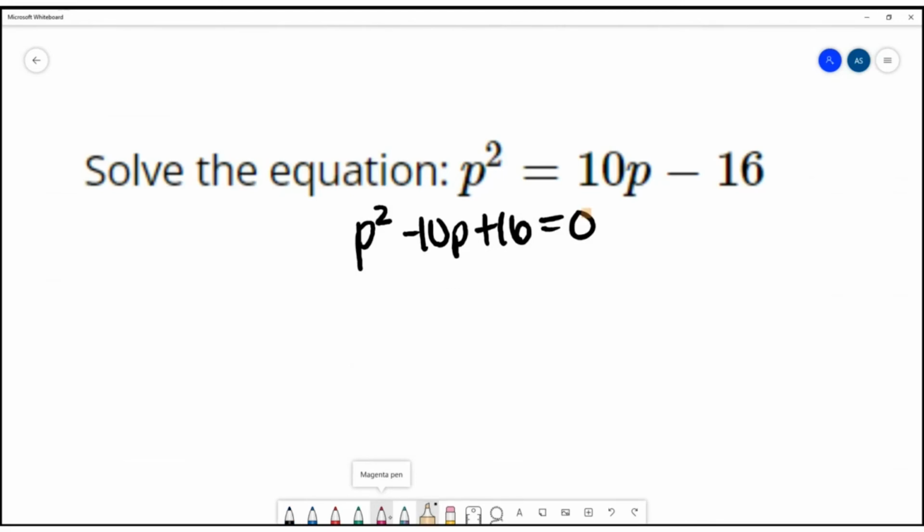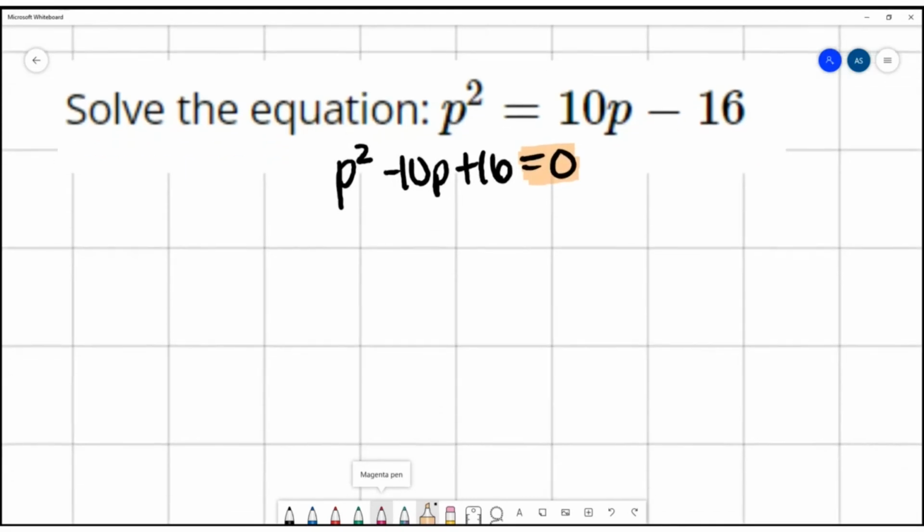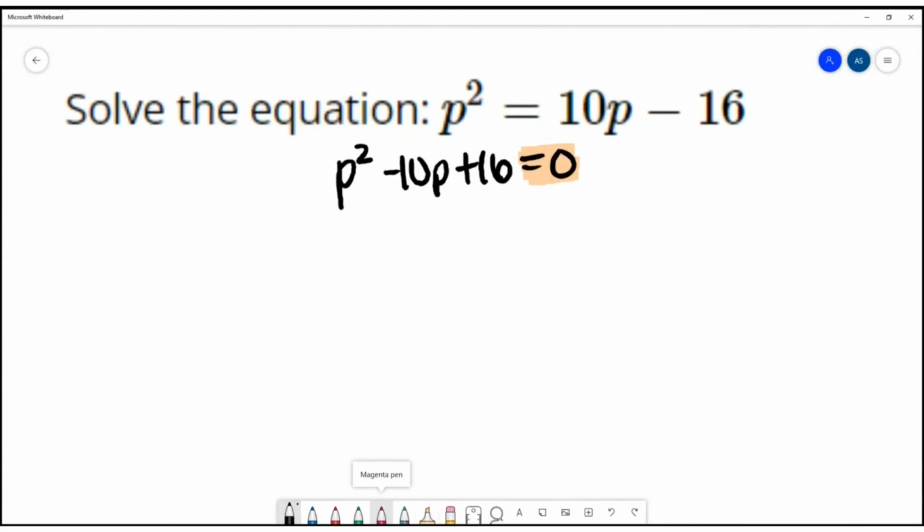We're collecting all the terms on the same side so that we can have that equal 0, and we'll use the zero product property when we're solving at the end. For now, we want to factor p squared minus 10p plus 16. It's a trinomial and it's going to factor into two binomials.